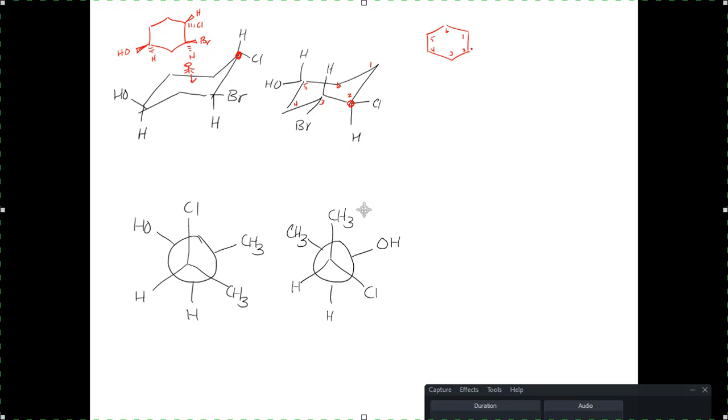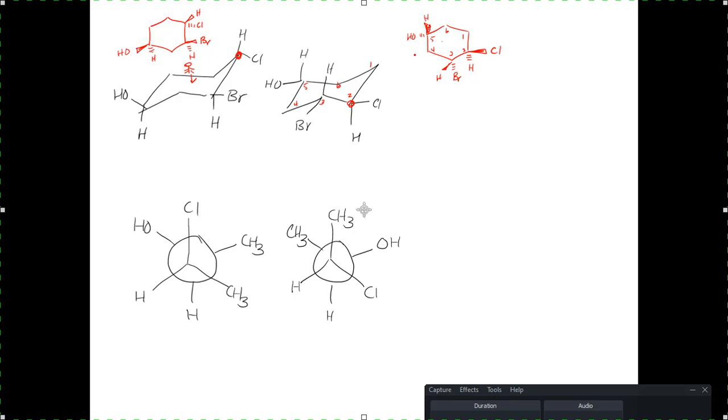So the chlorine is on carbon 2 with the chlorine bold and the hydrogen dashed. Carbon 3 has the hydrogen bold and the bromine dashed because it's away from me. And then on carbon 5, we've got the hydrogen bold and the OH group dashed.